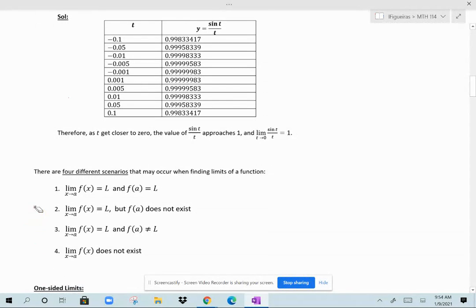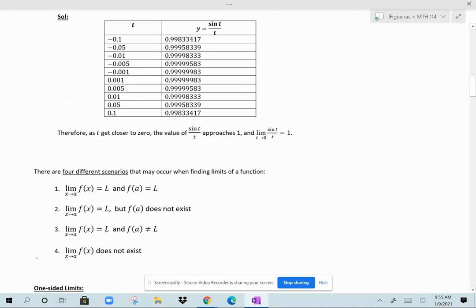And then with this third scenario, this happens often with piecewise functions. We have a limit that exists, but f of a has a different value. It could also happen with rational functions. So we'll see some examples of that.